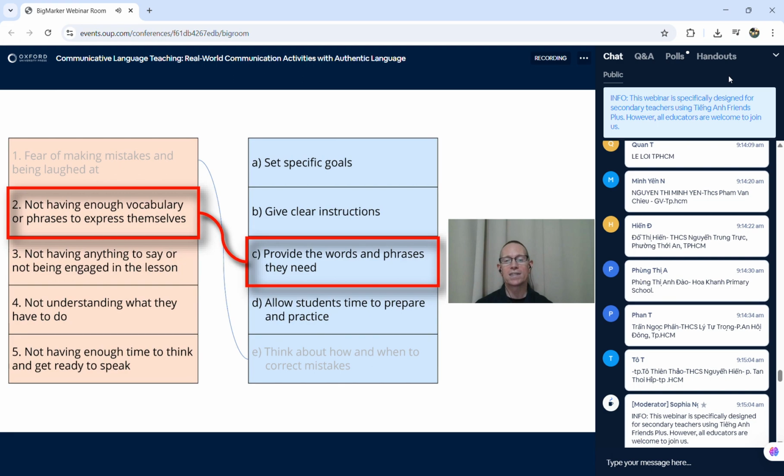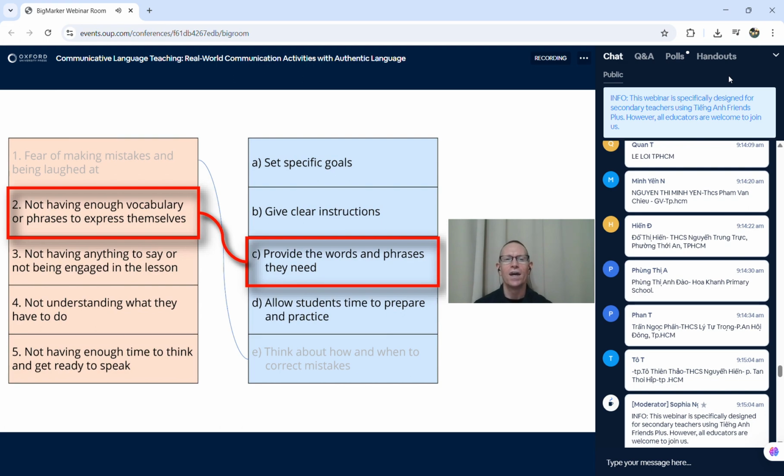For example, if we're practicing present perfect for experiences, we can give sentence stems such as I have, haven't, seen, or I have been to, etc. And also put up a list of vocabulary items for students to choose and fill the gaps. So with those options, students can simply choose the sentences that are correct for them, and they can be more confident communicating.